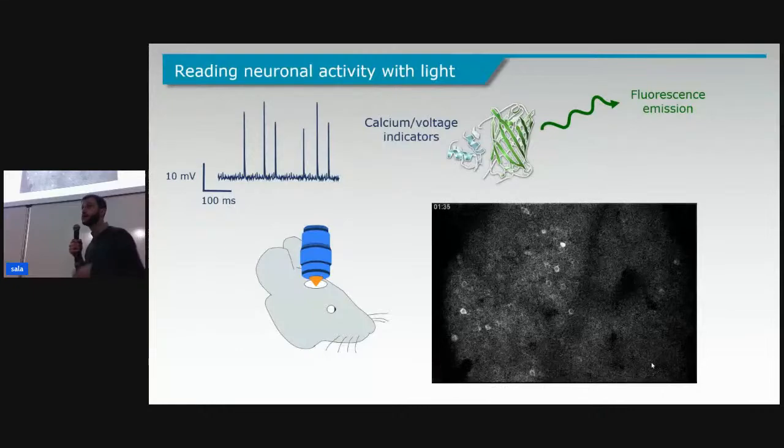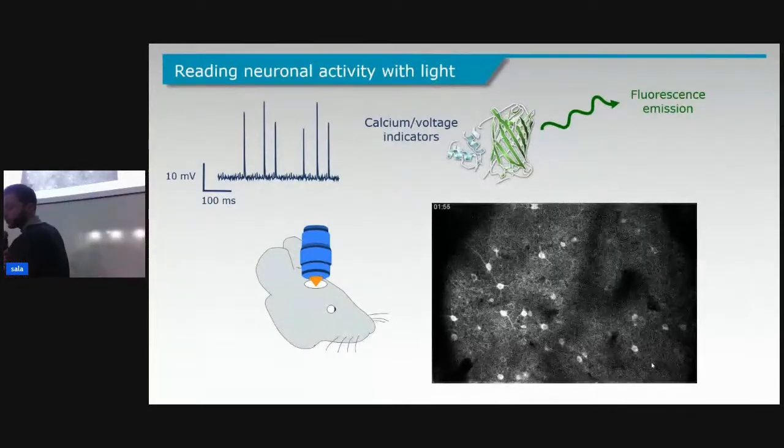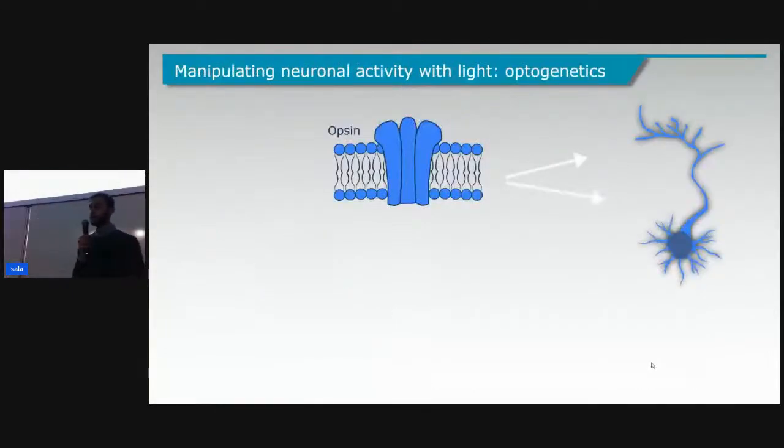So we can read out neuronal activity with light, but this is not sufficient if we want to understand how a neuronal circuit works. The other ingredient is that we need to be able to manipulate or induce neuronal activity by using light, which is basically the broad field of optogenetics. So now you use a different protein, which is not the indicators that I've shown you before. It's called an opsin.